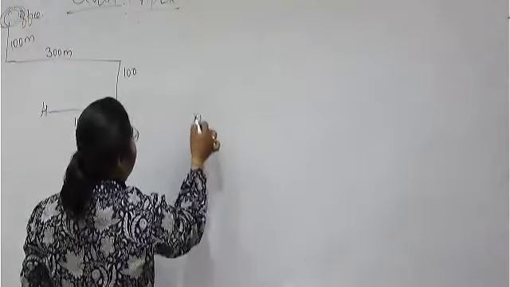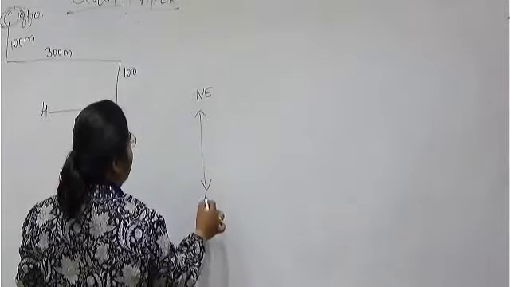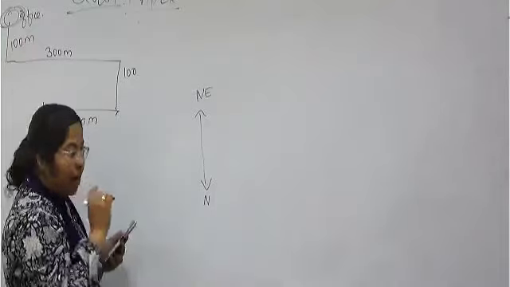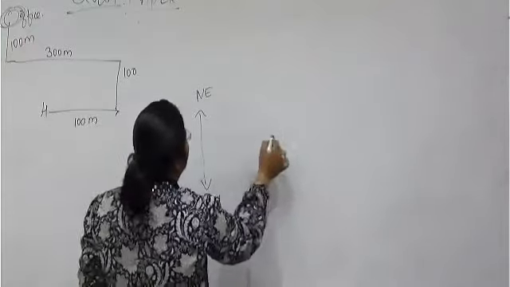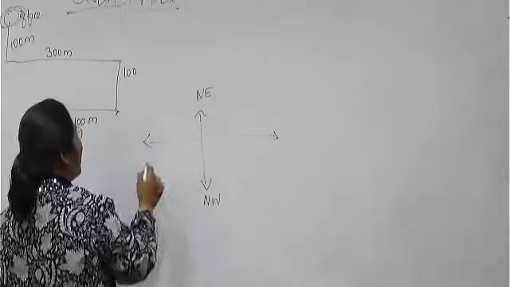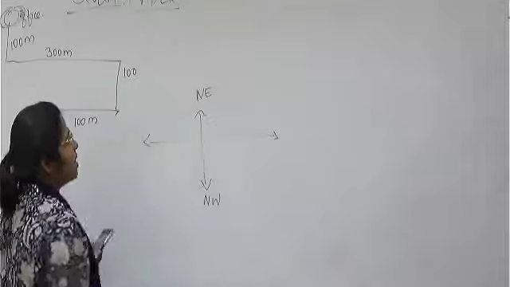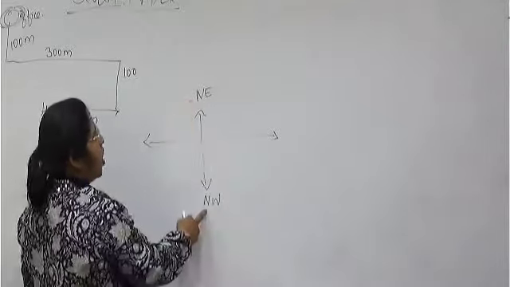Now this is very important. This is northeast. That means this is south. Northwest. Okay. And what are these two directions? Which is north and which is south? This is northeast and northwest.